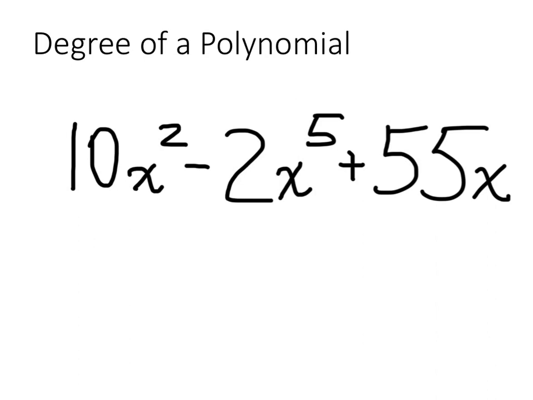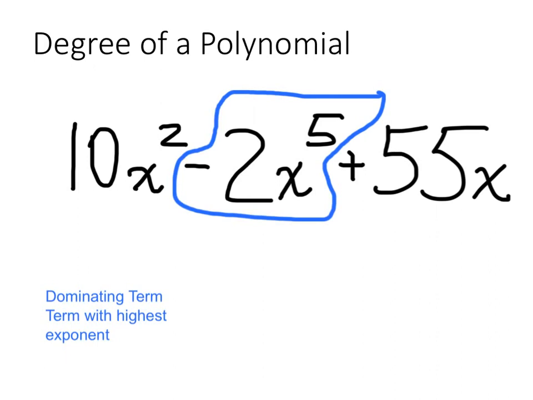In order to figure out the degree, first we need to look at the dominating term. The dominating term is the term with the highest exponent. In this polynomial, the dominating term is negative 2x to the fifth. The exponent of this term tells us the degree, so the degree of this polynomial is 5.